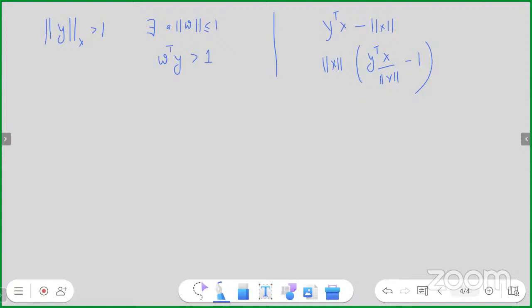Carry on. The supremum of it will be the norm of y star minus half.